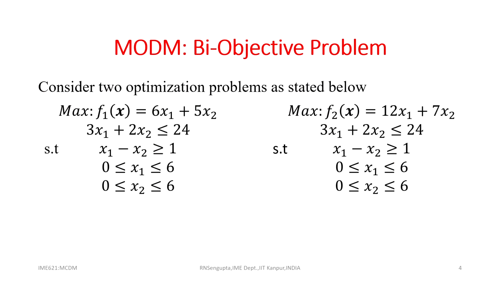Consider two optimization problems as stated below, and I will highlight them with two different colors such that the illustrations are clear cut and easy for me to explain, and easy for the students and the participants to understand. So, the first one is maximization.